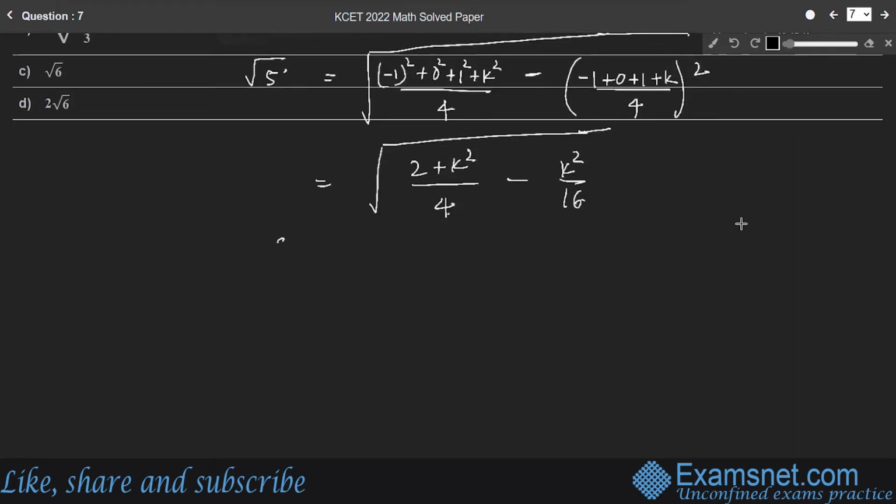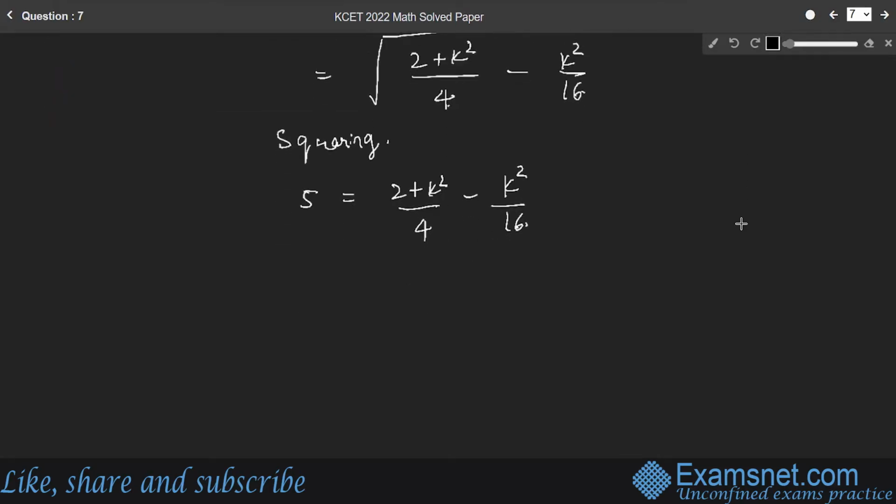Squaring both sides, the LHS becomes 5 is equal to (2 plus k square) by 4 minus k square by 16. We have removed the square root part. Here the LCM is 16, since 4 into 4 is 16. The numerator becomes 4 into 2, 8 plus 4k square minus k square.